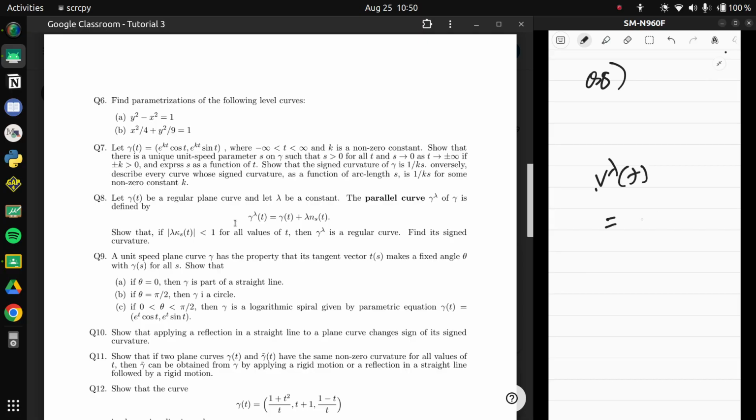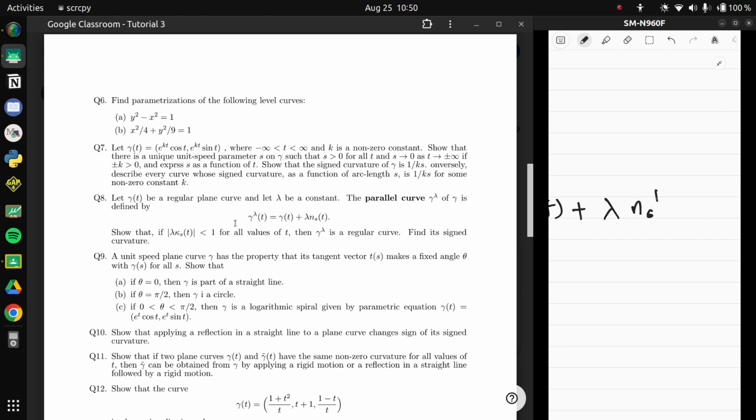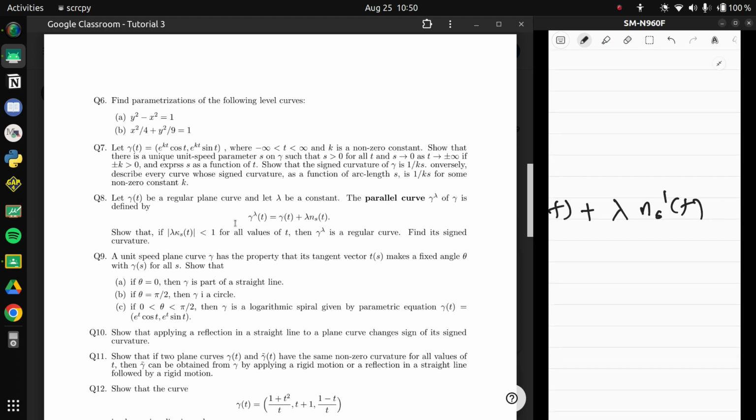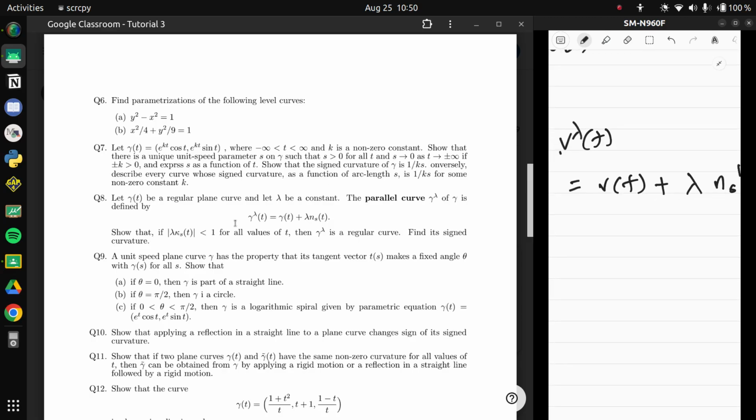That's equal to the velocity of gamma, so v of t, plus lambda times the derivative of n sub s of t. So we just want to show that this is never 0, and we know that gamma is a regular curve.